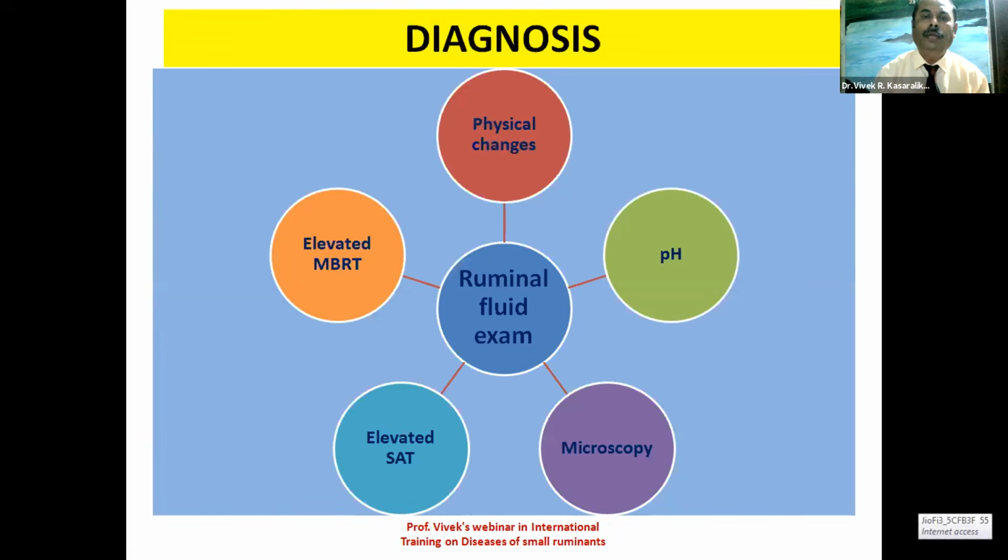How are you going to diagnose a case of ruminal lactic acidosis? As I told you, it depends upon the clinical features as well as history taking; these are the two main things you have. The owner will definitely say that they have seen the animal eating a carbohydrate substrate. Apart from that, the clinical signs visible in the animal are abdominal distension, fluid splashing sound in the abdomen, and the animal is not able to stand.